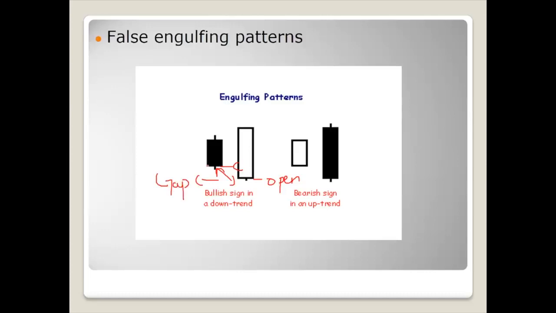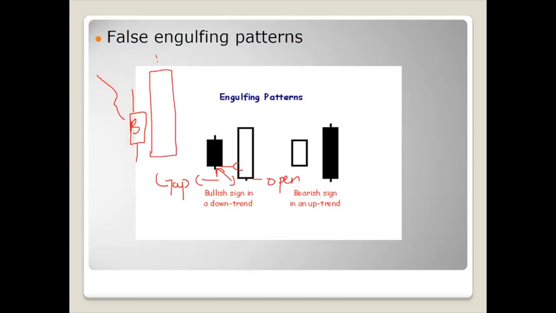So the rule is, in a bullish engulfing, there cannot be a gap down. I'll show you an example. Let's say we have a downtrend and a bearish candle, and then we have a bullish engulfing candle.